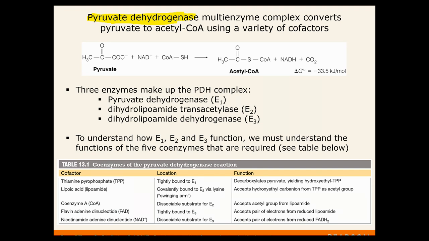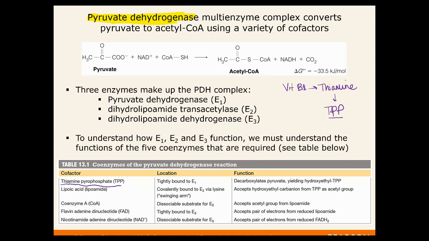And I think it's important to see how important vitamins are. So we're going back to the vitamin discussion. So one of the cofactors in this big monster enzyme complex is thiamine pyrophosphate, TPP. And thiamine, a precursor to thiamine, is vitamin B1. So vitamin B1 is thiamine, and then thiamine is within that cofactor.